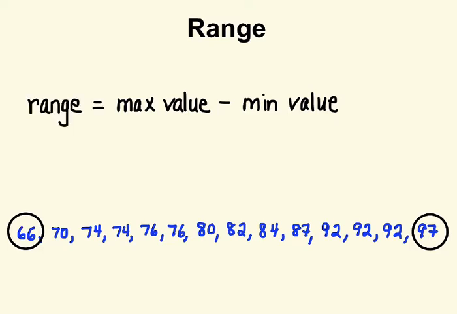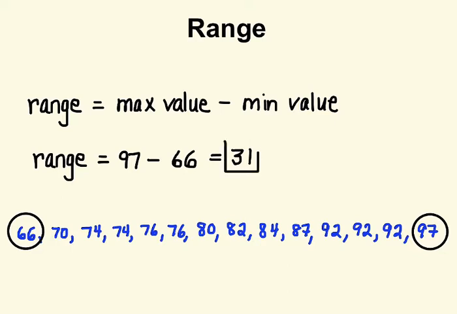In this particular case, you can clearly see that our max data value is 97 and our minimum data value is a 66. And when we take the difference, we end up with a 31. So 31 is the range. It's the spread of our data. It goes from 66 to 97, which is a 31 unit spread.